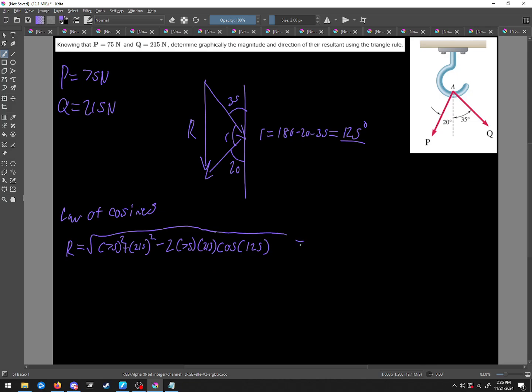So this means that r is going to be equal to, I'm going to actually plug this in now.